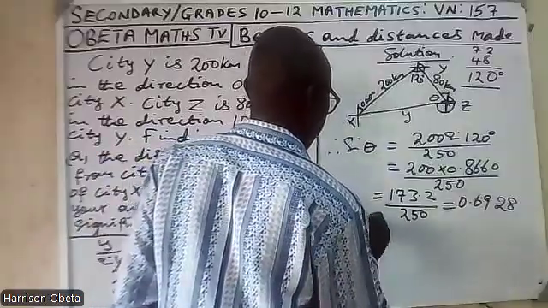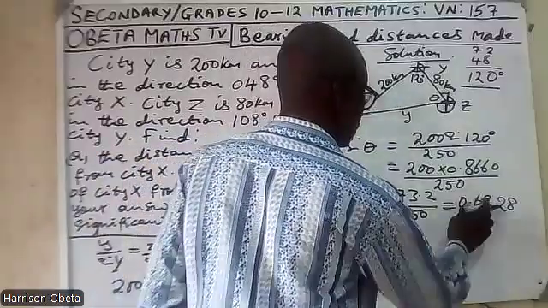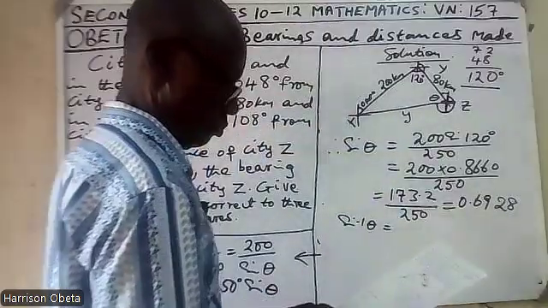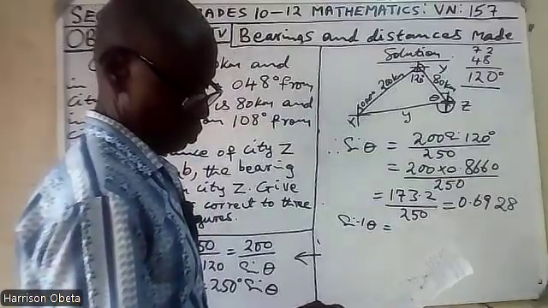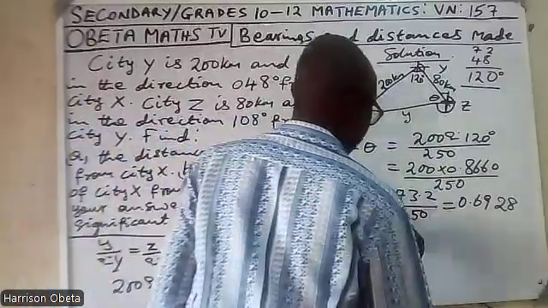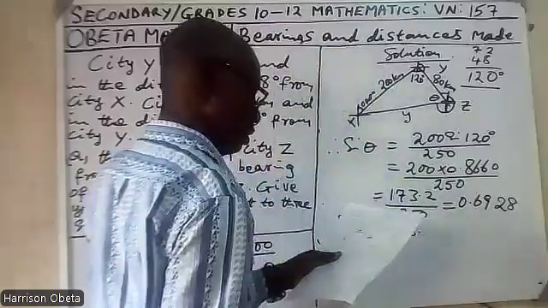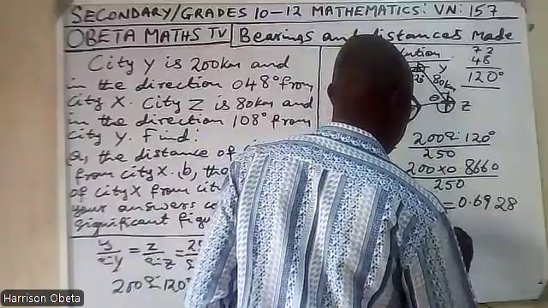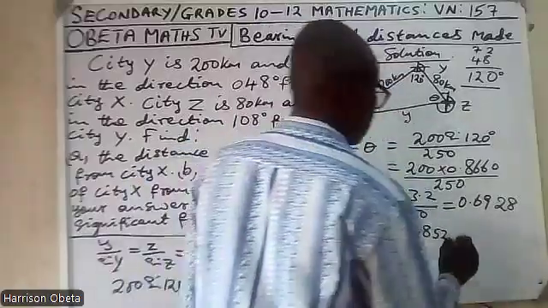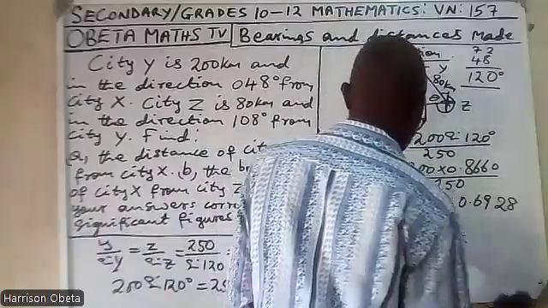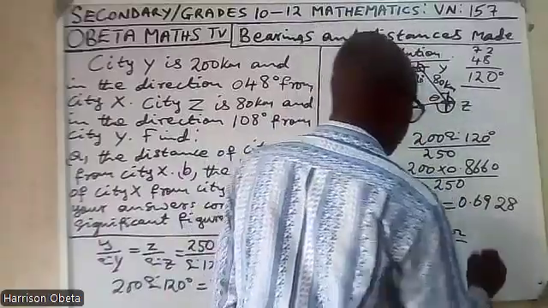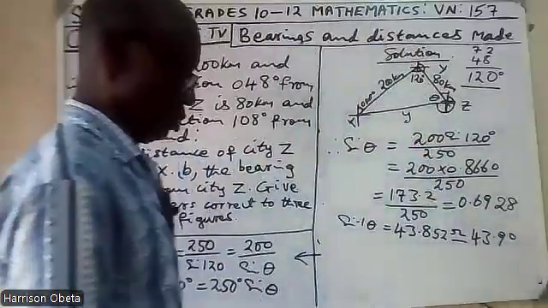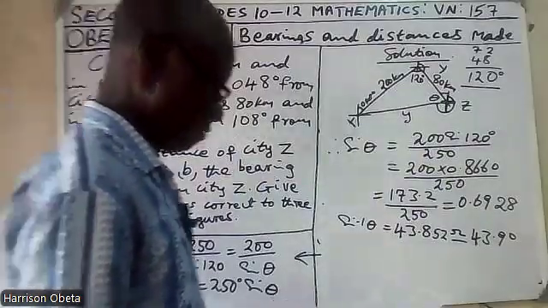That means theta is equal to sine inverse of this, and that will give us 43.852, approximately equal to 43.9 degrees. So it is now for us to go back and find the bearing.